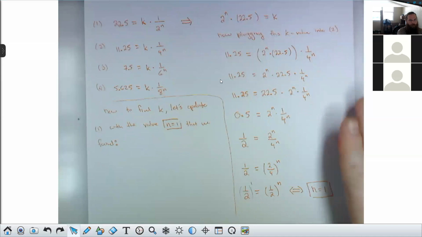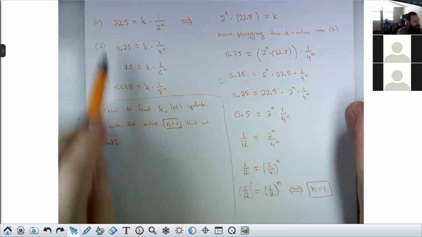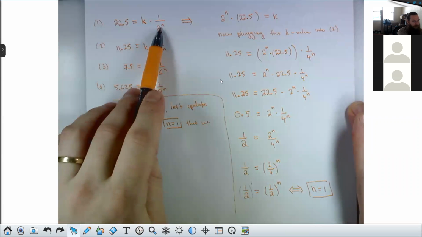All right, so I'm happy with n. I know what n is. n must be 1. So I can take this equation and plug in n equals 1.